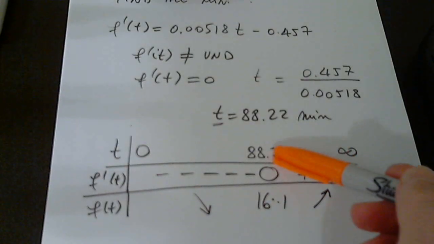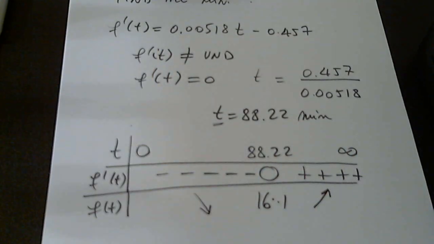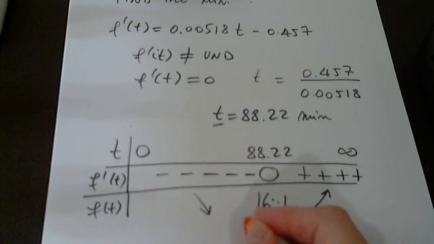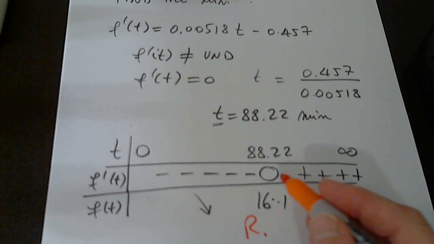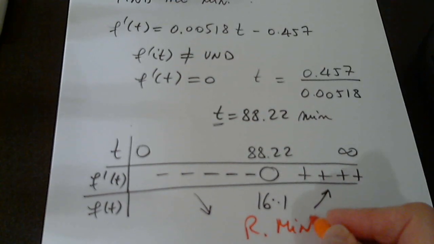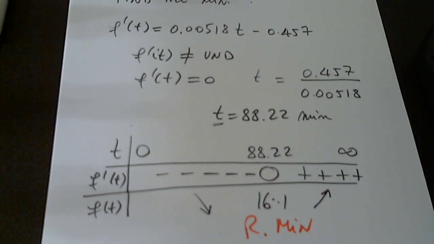So what is this point for that function? What is this point? Very good. As we expected, we knew that from the very beginning.